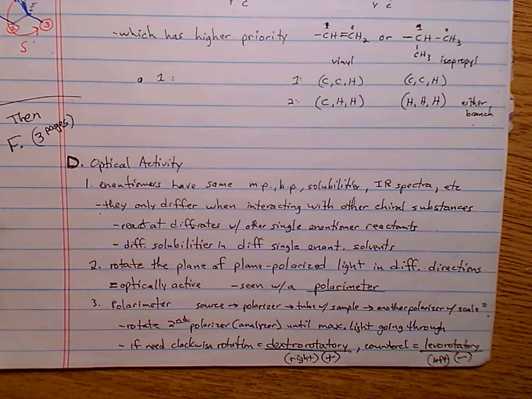The best analogy to this is hands. Hands are chiral. Your left hand is chiral, your right hand is chiral. If you've ever played baseball or softball, you know that if you are a right-handed thrower, then your glove needs to go on your left hand. A glove that goes on your left hand absolutely does not fit on your right hand, because your left hand is chiral. It has handedness.